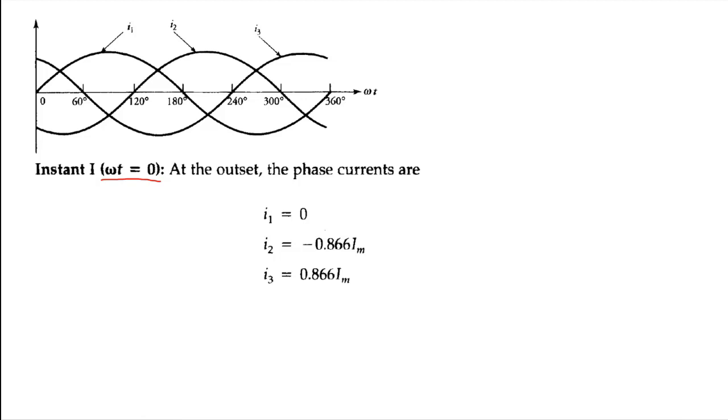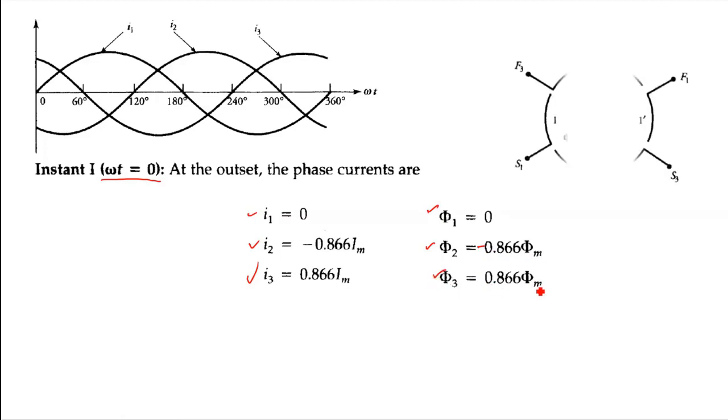What will be the resultant flux in total in these three coils, because three coils will produce some flux? Now these are the three currents at omega t equal to 0. Similarly, your flux phi 1 will become 0, phi 2 will become minus 0.866 phi m, phi 3 will be 0.866 phi m, right?